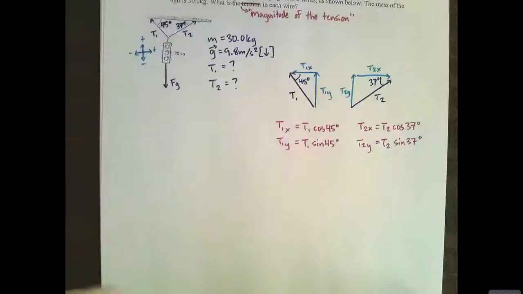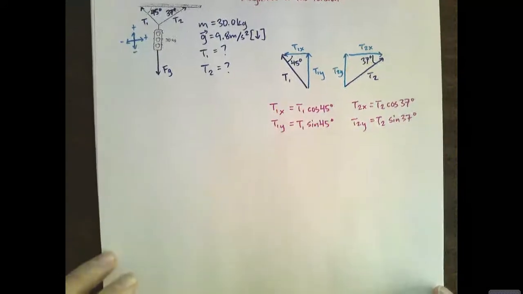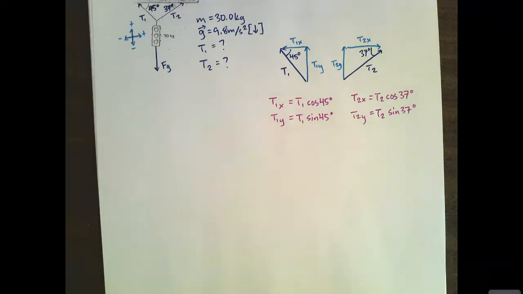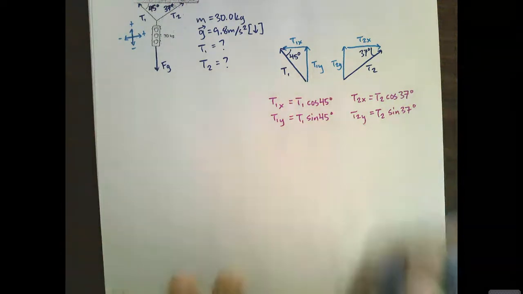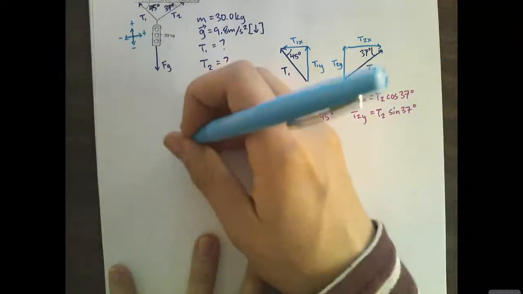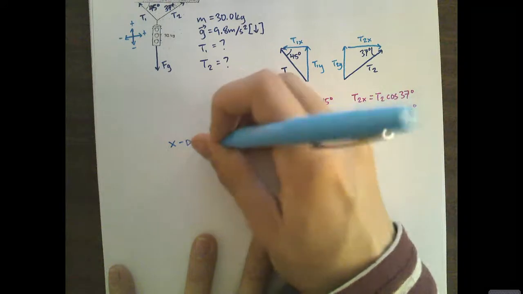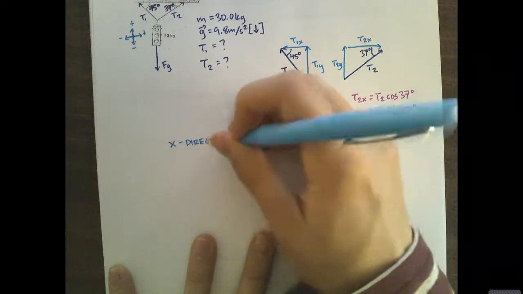Now, when we have a scenario like this where we have a whole bunch of unknown information, chances are that we're going to have to do some sort of working around, figure out how to rearrange some of these formulas to actually give us something useful. So in this case, the key is that we want to start solving the x direction, and we'll hit a little bit of a dead end.